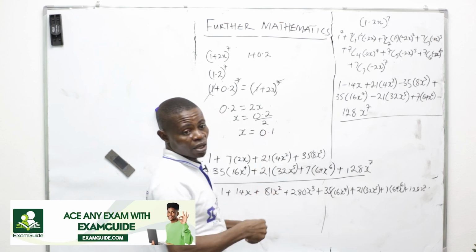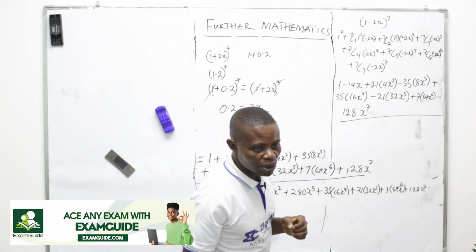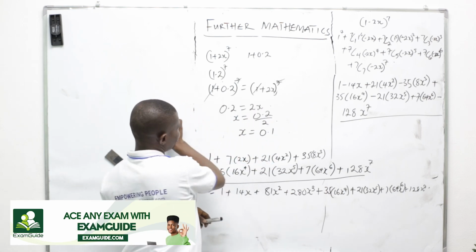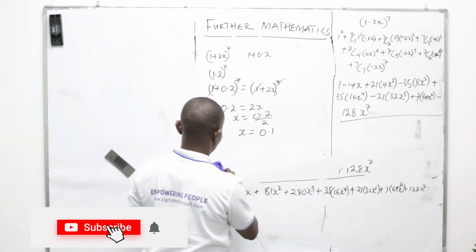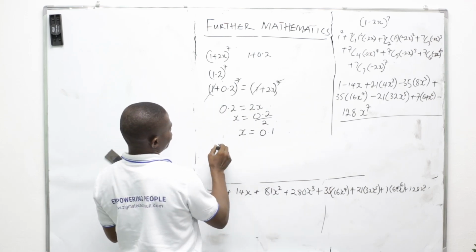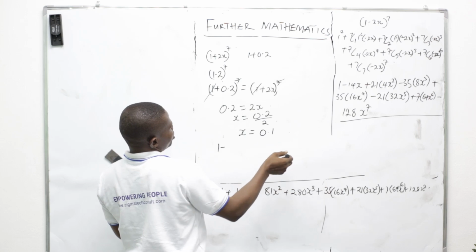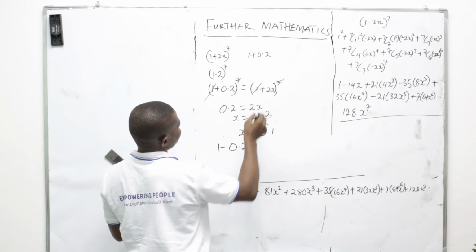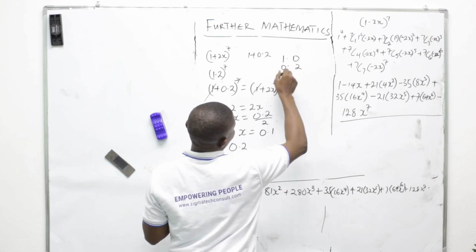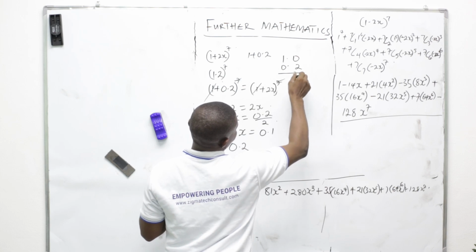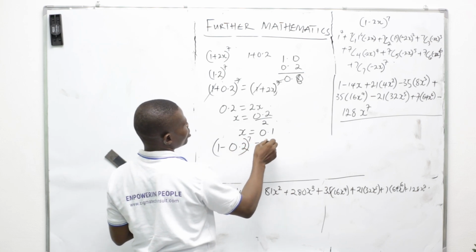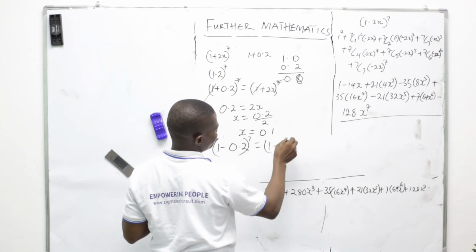Now, what about 0.8? One minus what will give us 0.8? 1 minus 0.2. Let's check: 1.0, 0.2, borrow 1 here, this is 10, this is 8. Correct. So 1 minus 0.2 equals 1 minus 2s raised to power 7.